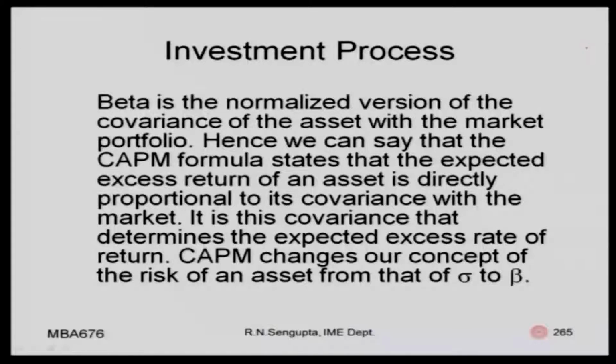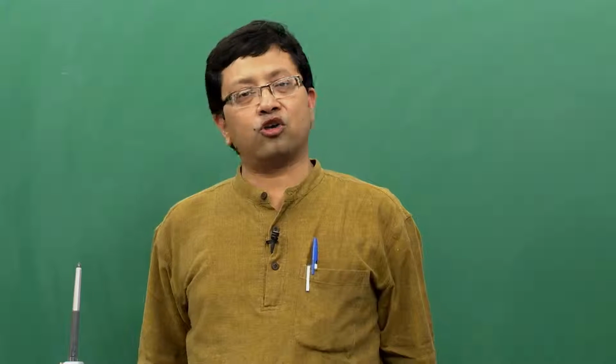So, beta is a normalized version of the covariance of the asset with the market portfolio. Hence, we can say that the CAPM formula states that the expected excess return of an asset is directly proportional to its covariance with the market. It is this covariance that determines the expected excess rate of return. And what you are trying to do is, for any particular stock, you have standard deviation.